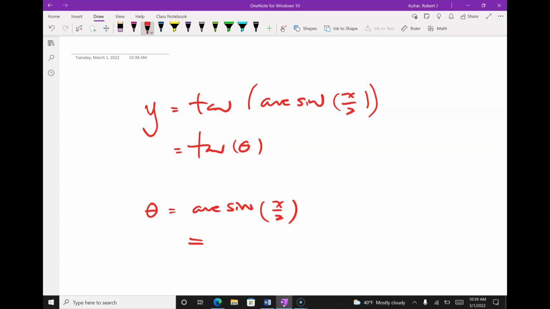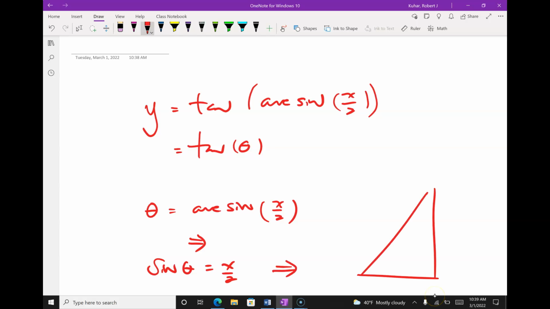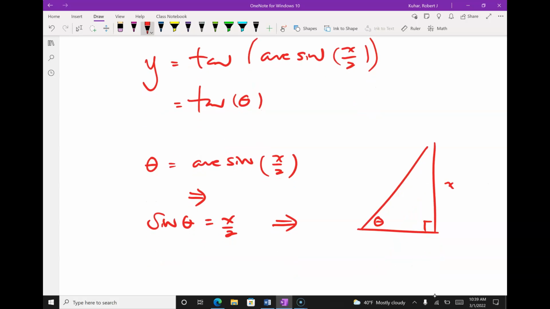So I know that sine of theta has got to be x over 2, which means I have a triangle. What are some of my sides? x has got to be the opposite. The hypotenuse has got to be 2.